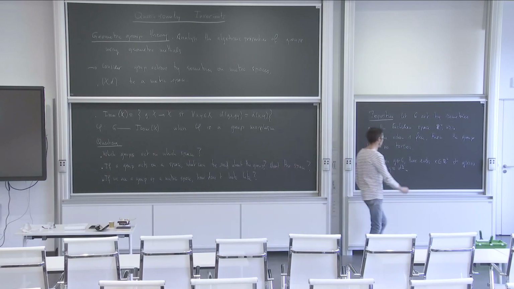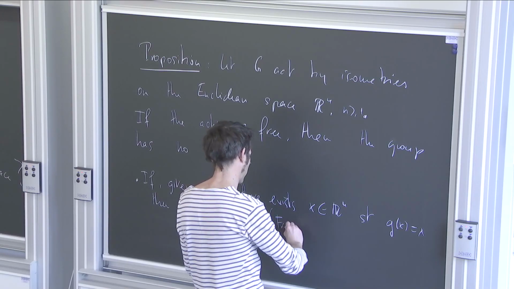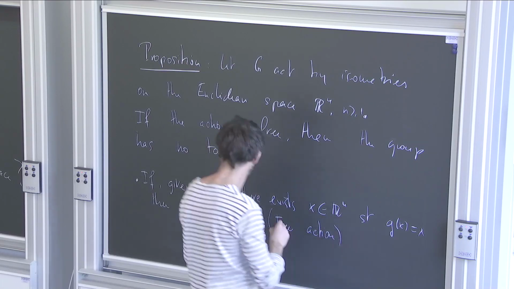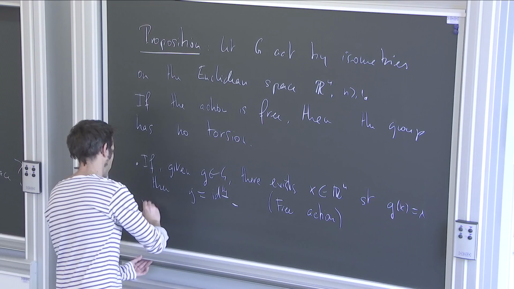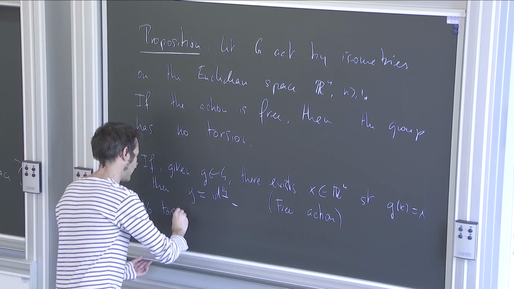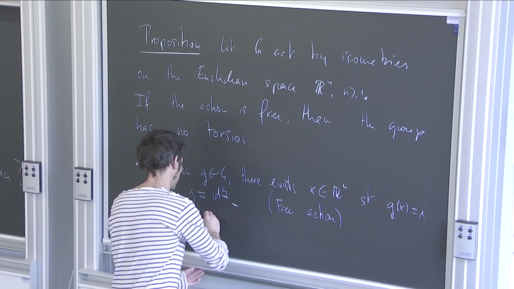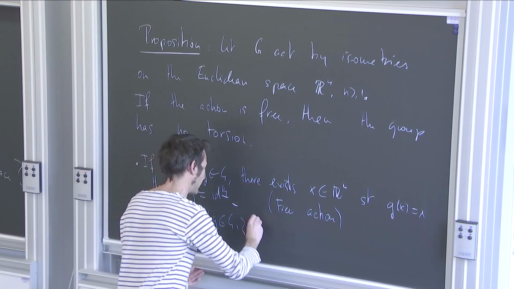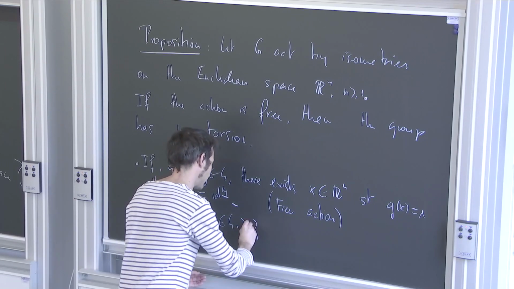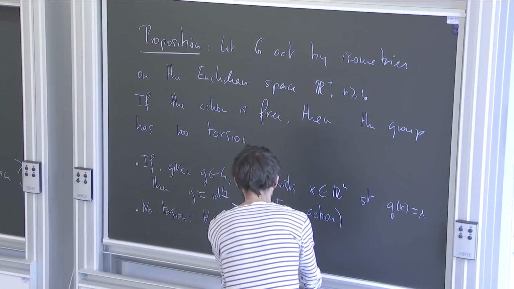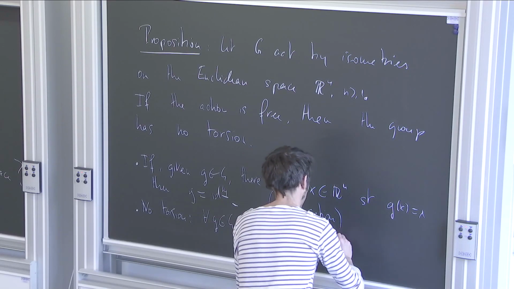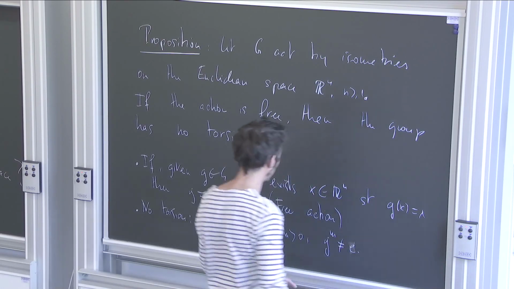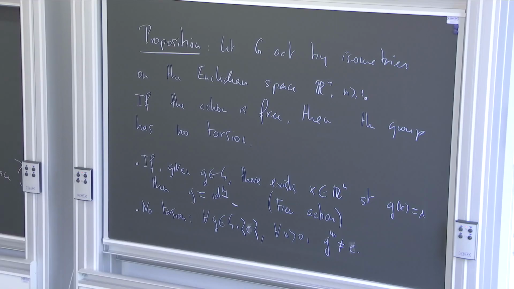So this means that the action is free. And what does it mean to have no torsion? It means that for every element g that is not the identity, the neutral element, and for any positive power, g^m is different from the neutral element. So no power of a non-trivial element is trivial.